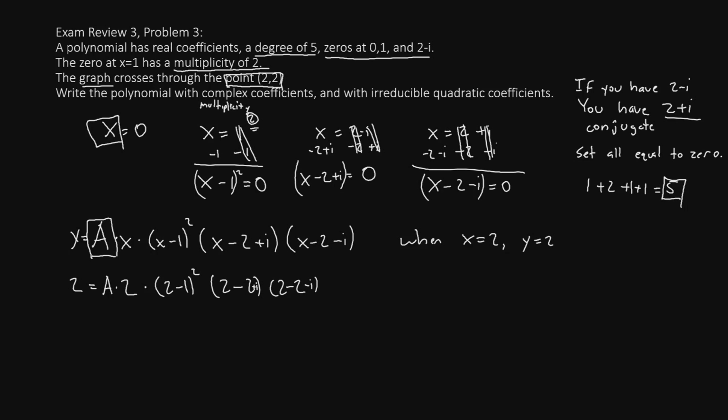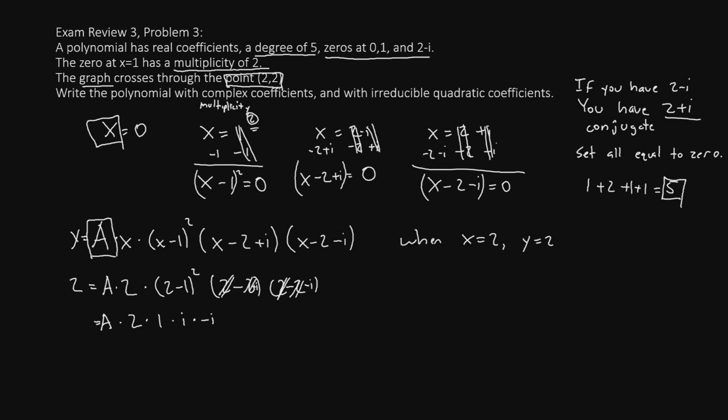So let's do the math here. 2 minus 1 is 1. Raised to the second power gives you 1. So we've got a times 2 times 1. 2 minus 2, of course, cancels out, leaving us with i. 2 minus 2 here cancels out again. We have negative i. Let's continue.